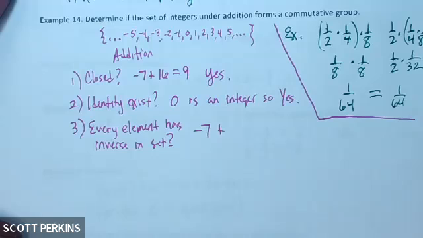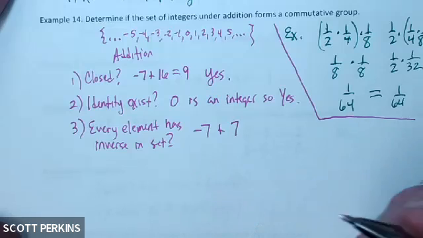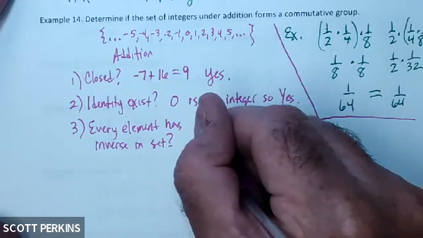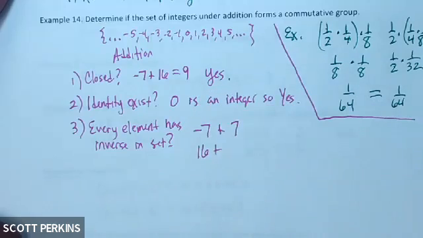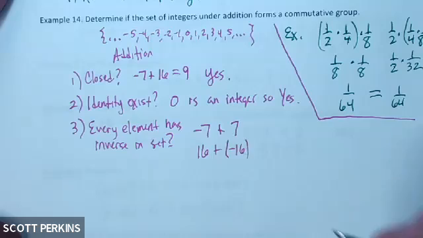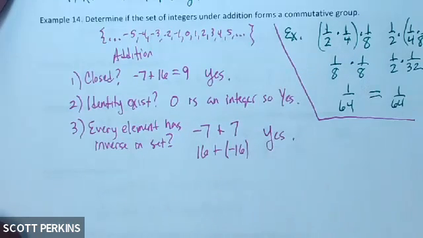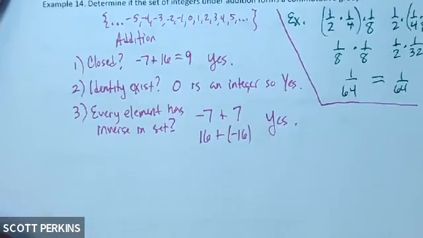What is the inverse of -7 under addition? +7. Okay. Are those both integers? Yes. How about my other one that was from my example, 16? What is the inverse of 16? Is that an integer? Yes. So does every element have an inverse in the set? Well, the answer to that is yes, it does.